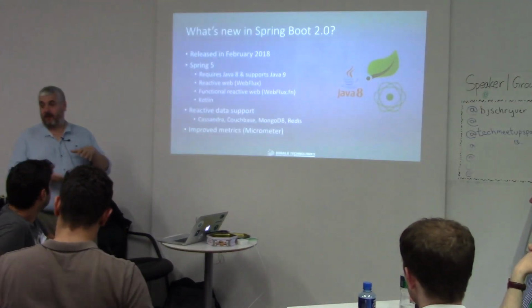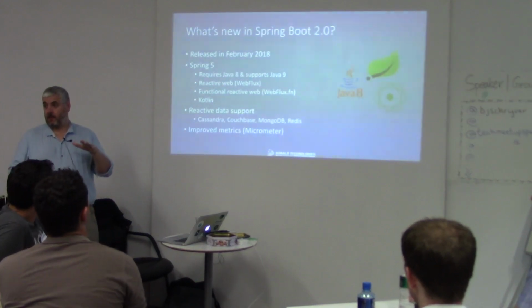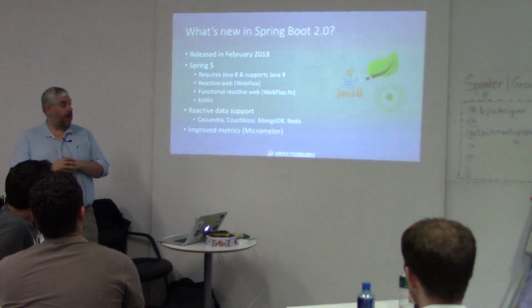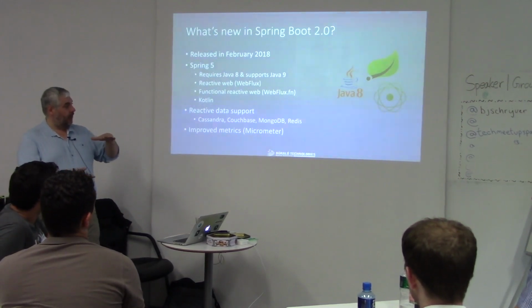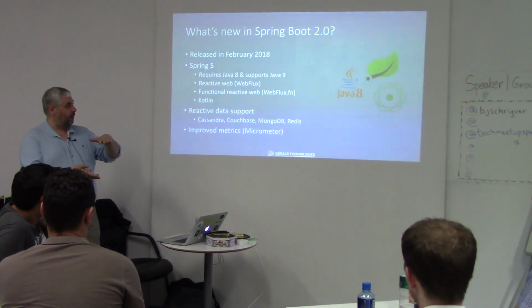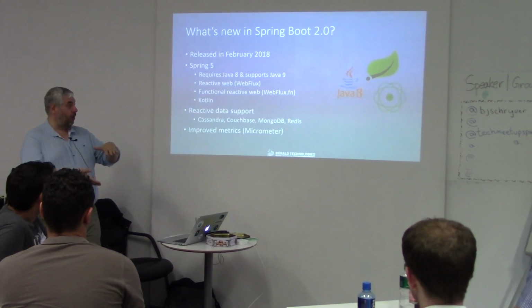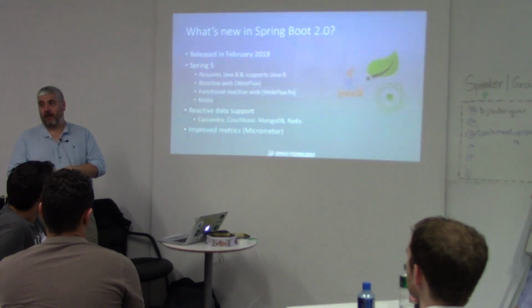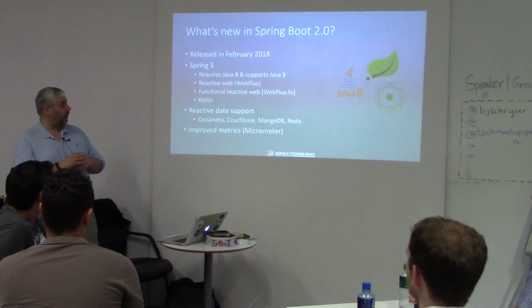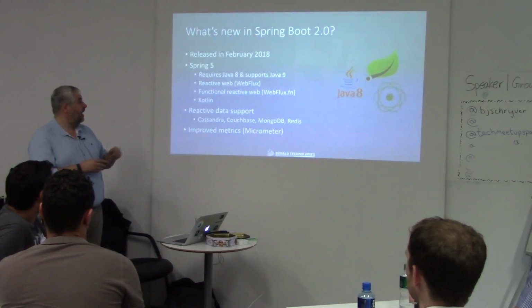It allows you to define a function that will map to your endpoints in your application. And it fits more with the functional programming paradigms, but writing the handlers is a little bit more complex. So I've steered away from that at the moment.